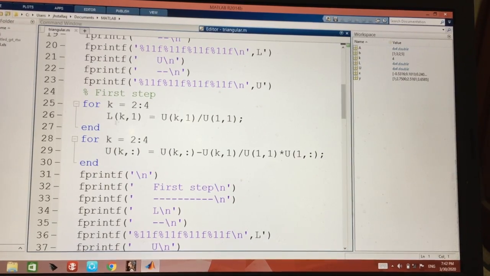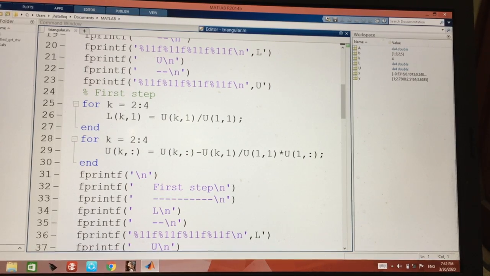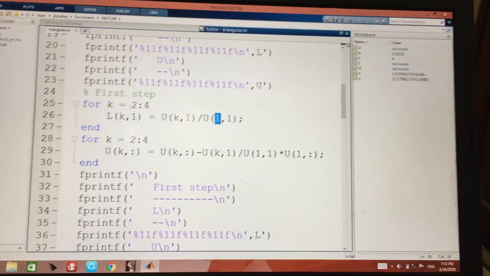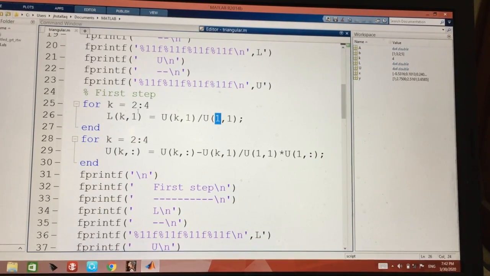So we go in this loop from 2 to 4. We divide, for example, we start here, it's U21 divided by U11. That will give me the element of the lower matrix L21. So it started from 2. And we repeat for 3 and 4, we do the same here. So we modify L here.